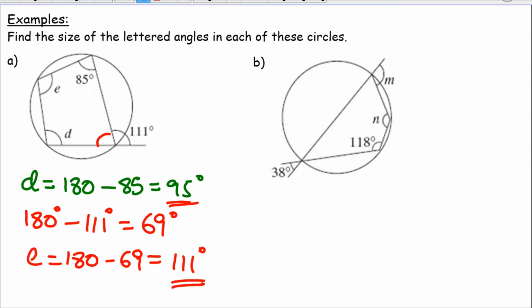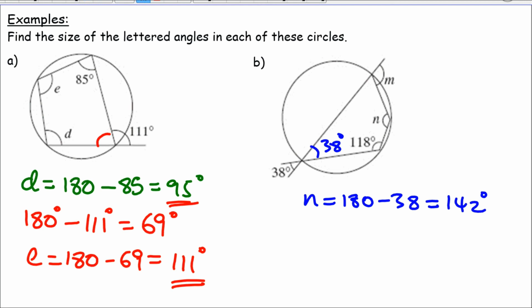All right. In the next question, and again, if you notice here, these are opposite angles. So this will be 38 degrees, which means angle N will be equal to 180 minus 38, and that will be equal to 142 degrees. Okay?